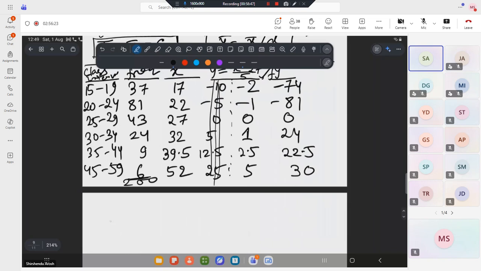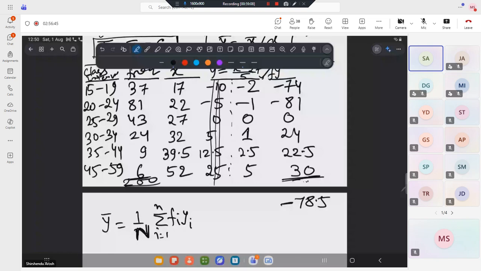The y bar formula: 1 by capital N summation of fi into yi. I need this summation. If we add these numbers, we will get 78.5, as a negative number, minus 78.5. So my y bar would be minus 78.5 divided by 200. 200 is nothing but the summation of the total frequency, right? So this is your y bar.